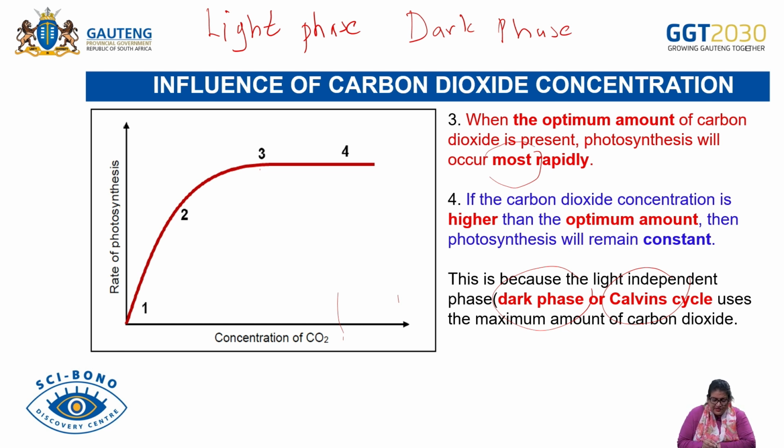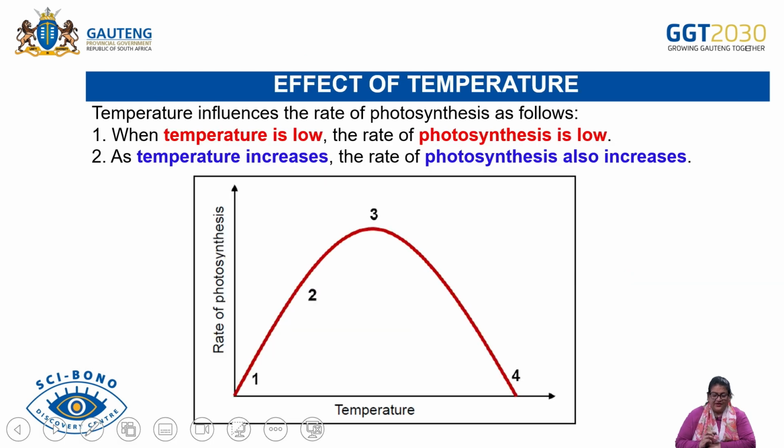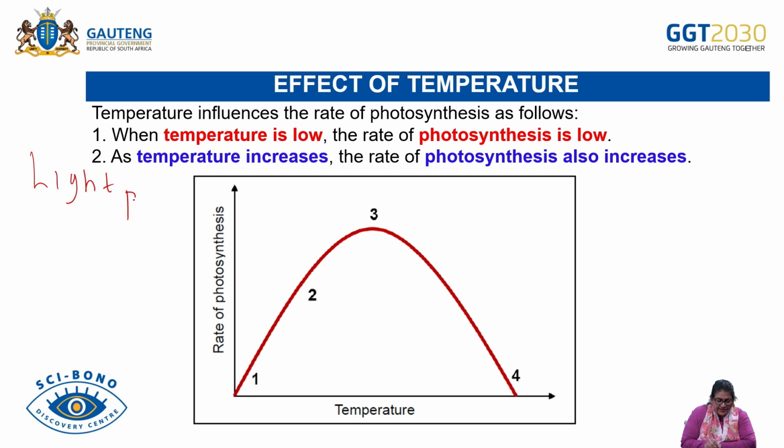So now, learners, let's look at the next slide. Right here, I'm going to just draw for you that in the light phase, we have now, remember your chloroplast, which was disc-shaped.